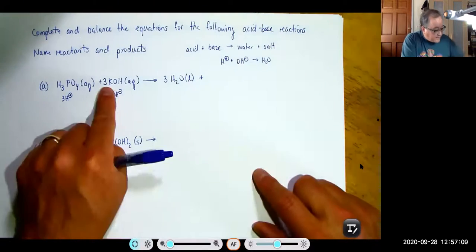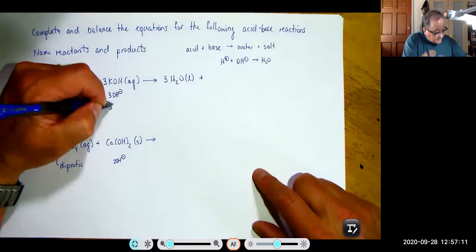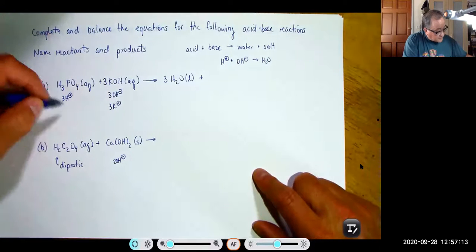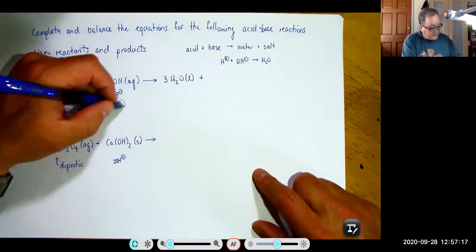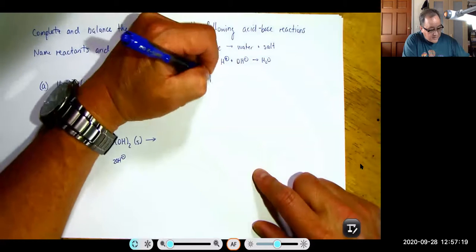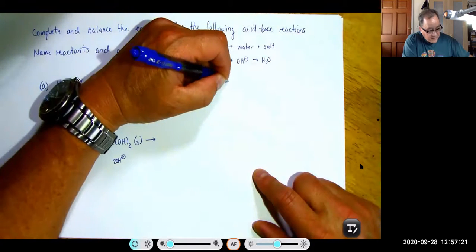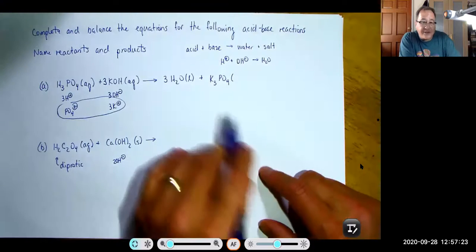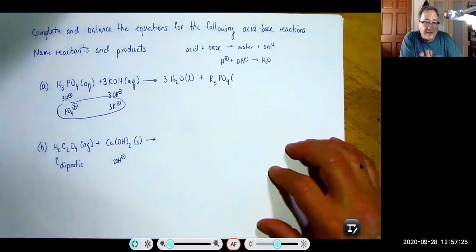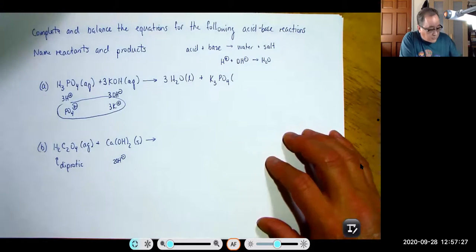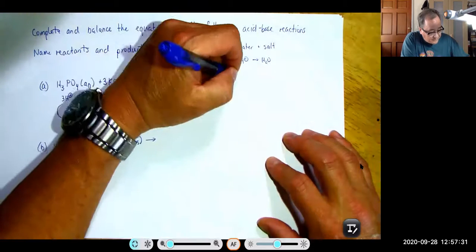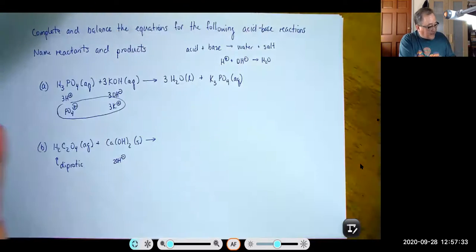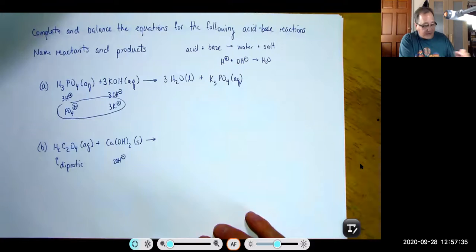We have 3 potassiums remaining. We have a phosphate remaining. And we just put those together. K3PO4. Now, will this be aqueous or will it be a solid? According to our solubility rules, anything with potassium in it is soluble, so this would be aqueous. And that's how you balance an acid-base reaction.